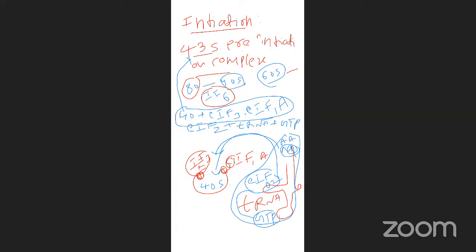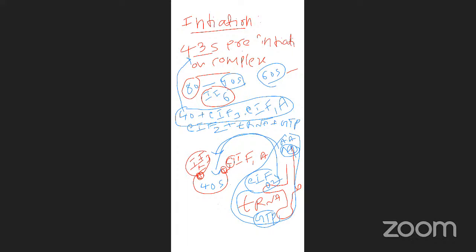One subunit is present, and some initiation factors are also present. To prepare the amino acids, we require the mRNA strand. This entire complex attaches to the mRNA strand.